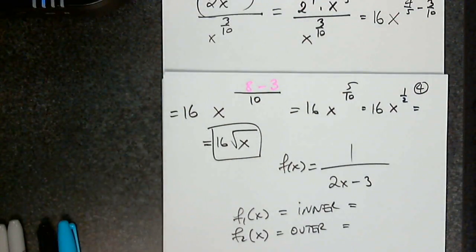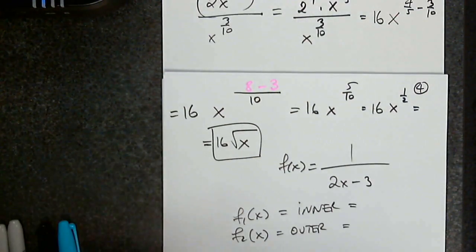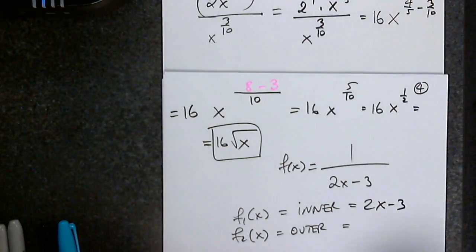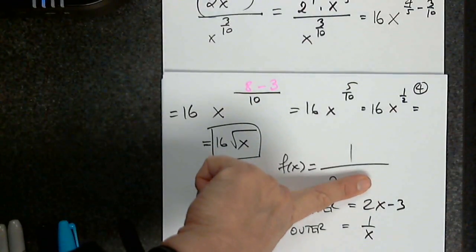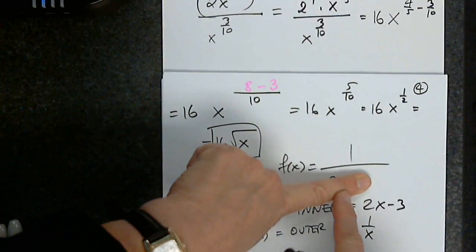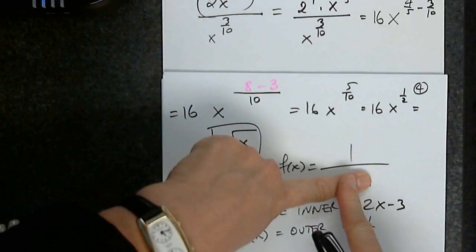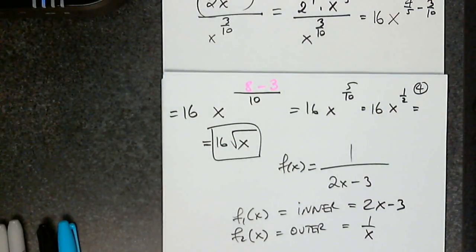It's the order of operations. So then the inner function could be 2x minus 3, and the outer function is 1 over x, right? So I perform this function first, and then when I'm done and I get one number, then I perform 1 over that number, which is another function. Does it make sense?